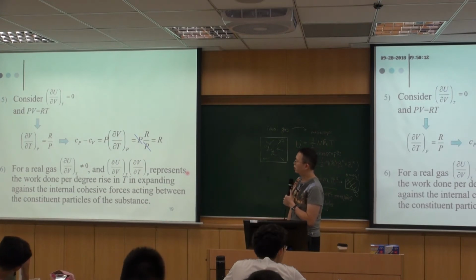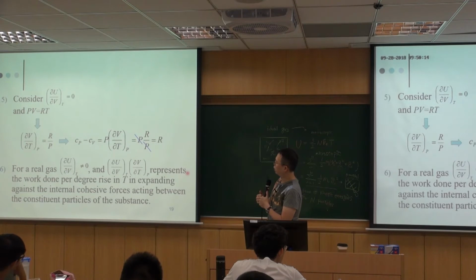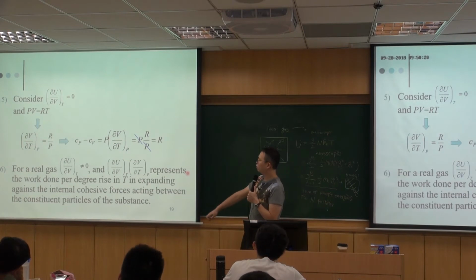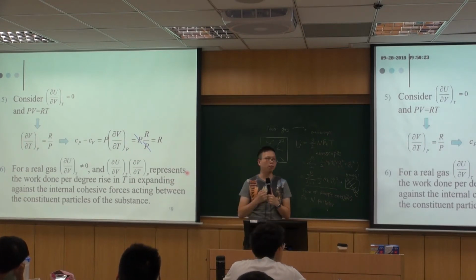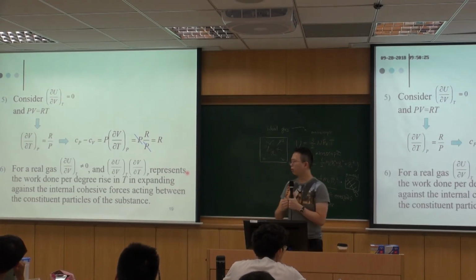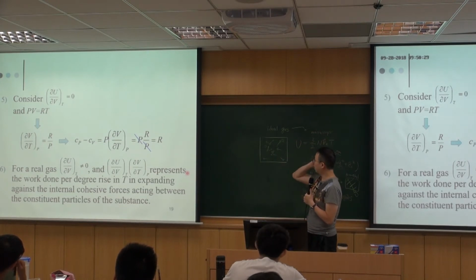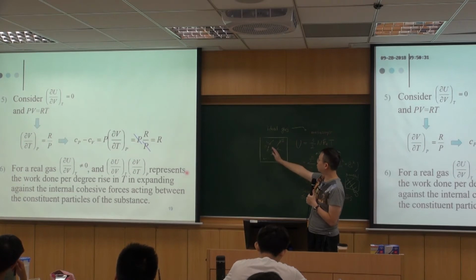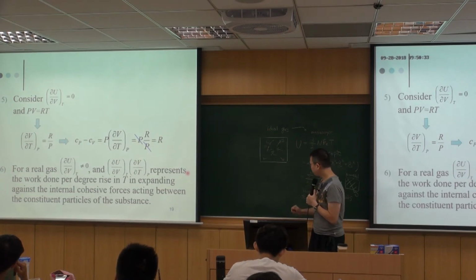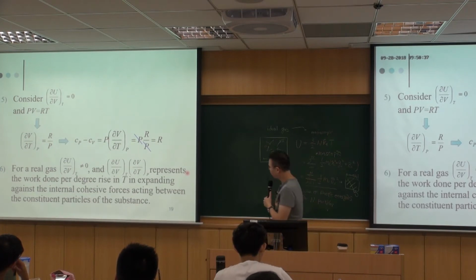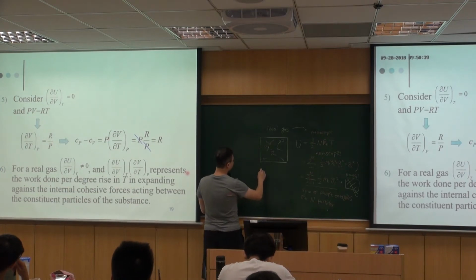It means that when you try to expand your material, you have to do extra work to overcome the interaction among particles, right? If you're dealing with an ideal gas, no work has to be done to expand this gas. An example that we will see when we talk about entropy is the so-called free expansion.